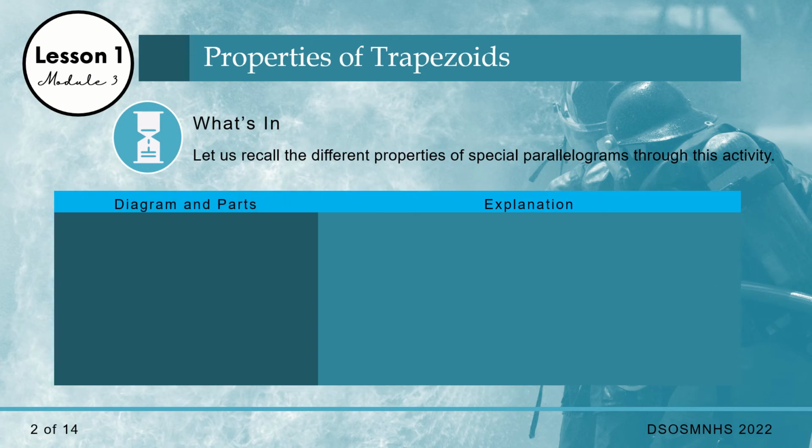So we have more or less 3 or 4 examples or items for us to do on our recap. You have there on the screen the diagram and the parts of the different special parallelograms, and on the right side of the screen is the space for the explanation of their answers.